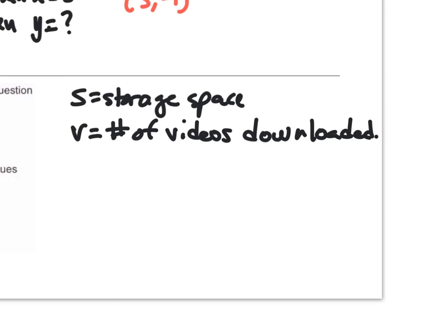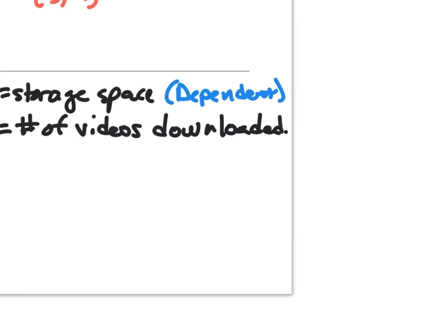You have a certain amount of storage on your computer, and if I download this many videos, then my storage space will go down, or if I delete them, it'll go back up. So we have to figure out what depends on what. So s is your dependent variable, and v is your independent.